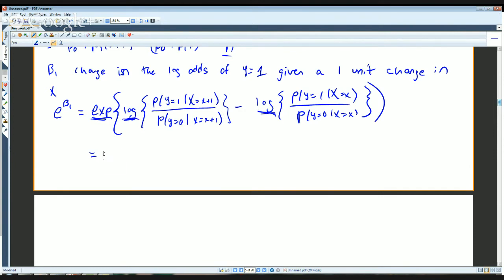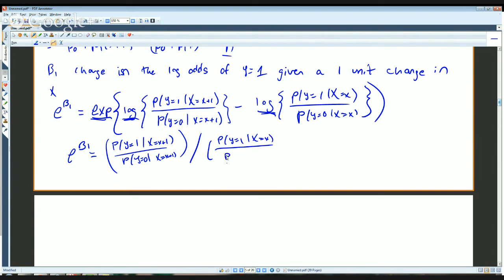So this e to the beta 1 works out to be the probability y equals 1 given x equals little x plus 1 over the probability y equals 0 given x equals little x plus 1, whole thing divided by the probability y equals 1 given x equals little x over the probability y equals 0 given x equals little x.